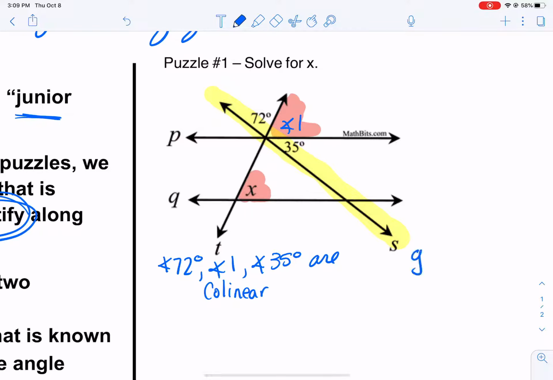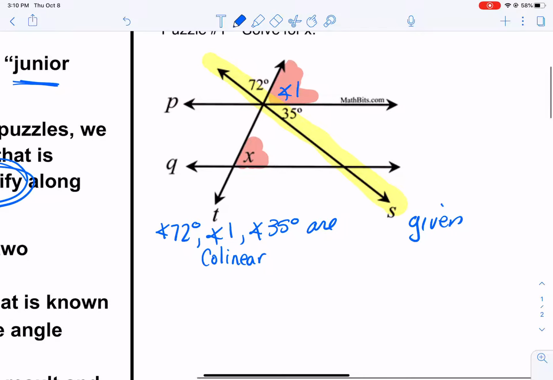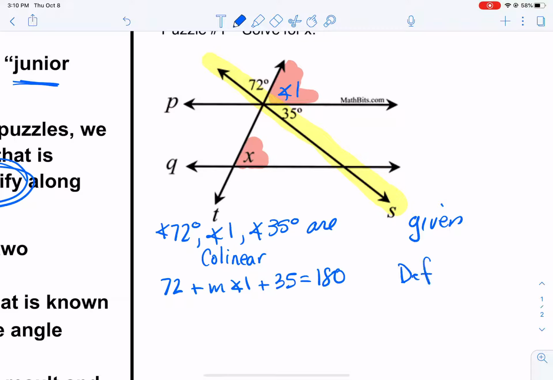And that's given. That's from the picture. Then we can say that 72 plus the measure of angle 1 plus 35 equals 180 degrees. And that comes from the definition of collinear.